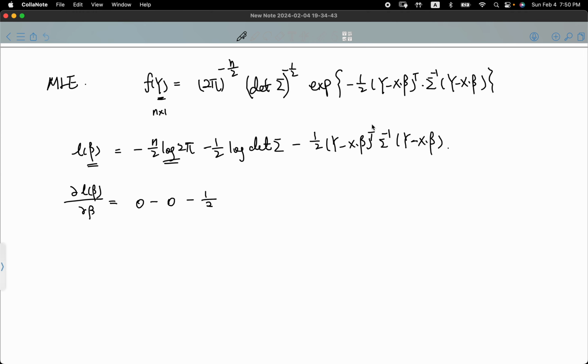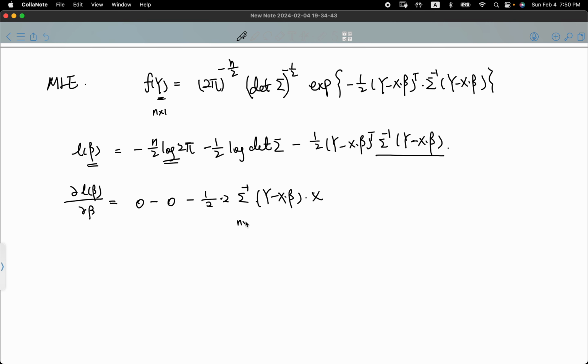Now we need to take the chain rule. We have 2 copies of that, so we multiply by a 2. Also sigma inverse, y minus X beta, multiplied by X, the one associated with beta. There's another chain rule here.